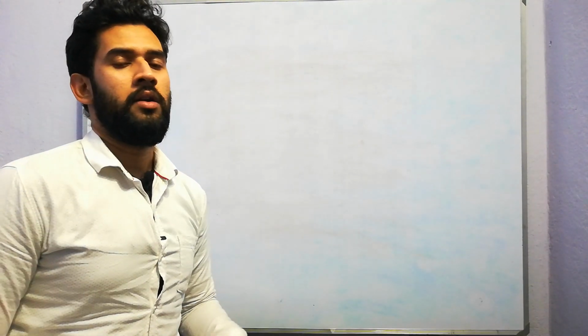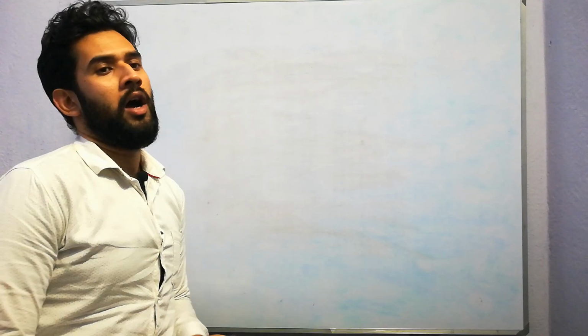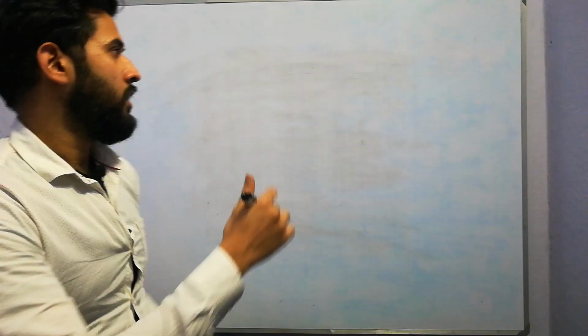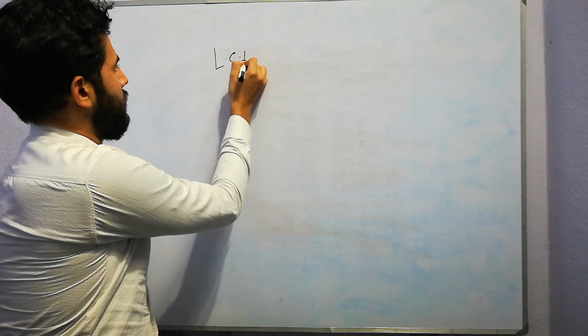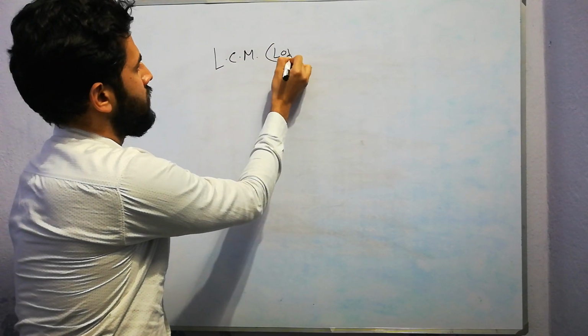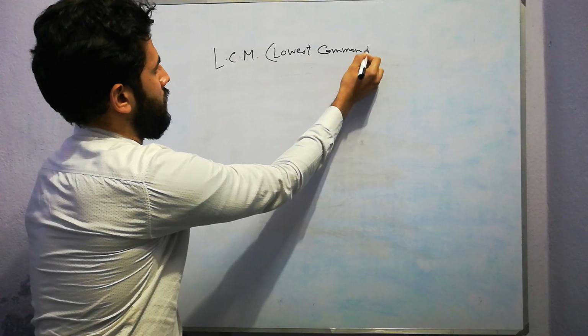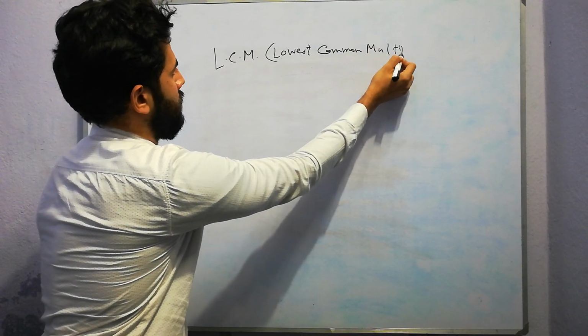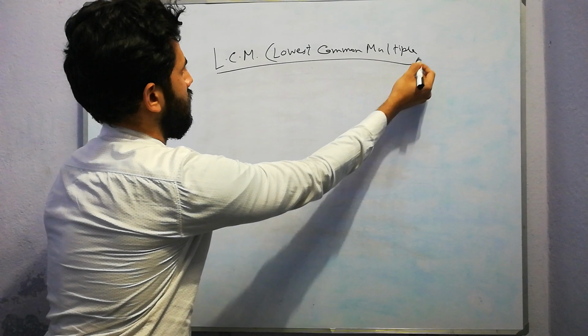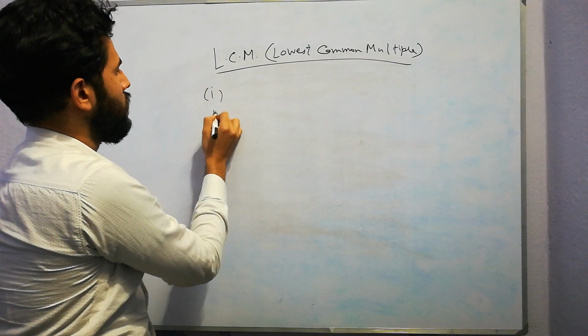Today we will try to learn HCF and LCM and how many ways we can do it. LCM, the full form of this is lowest common multiple. How many ways can we do this?